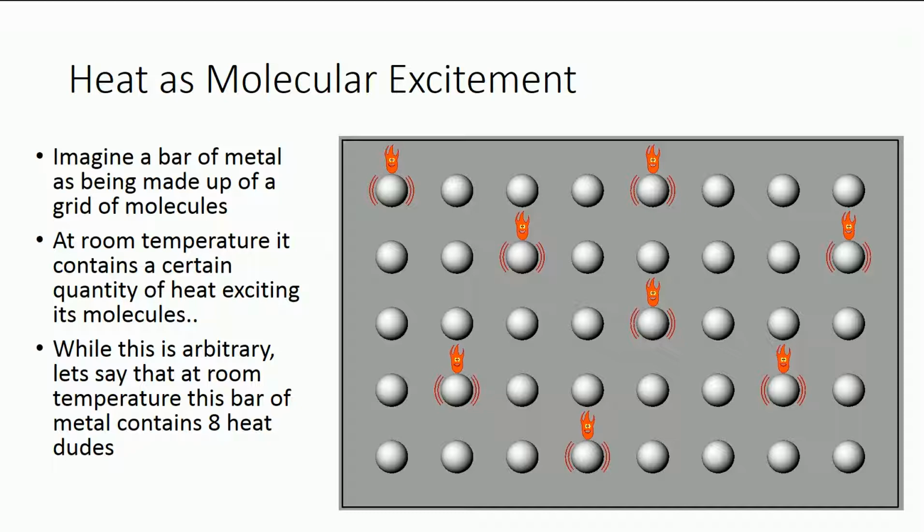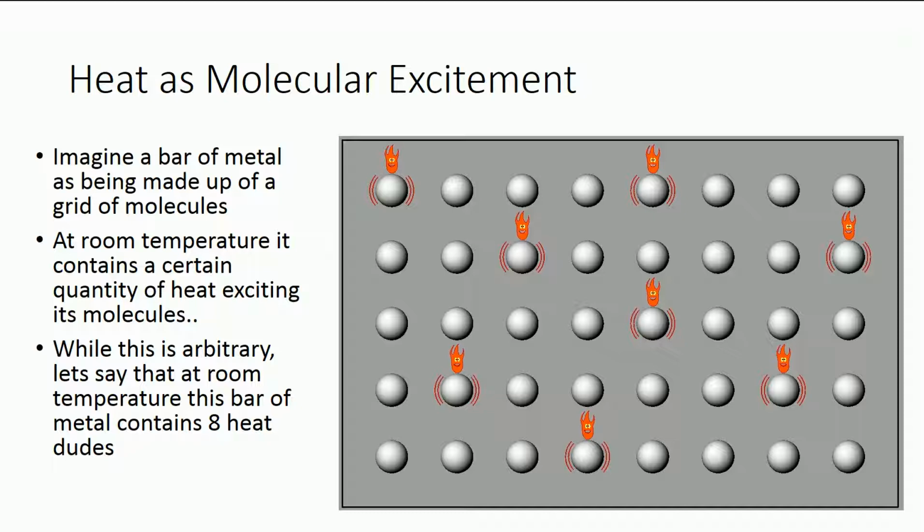Room temperature, I can touch it, and it contains a certain quantity of heat. Really, the quantity of heat would have been more in scaling these to a certain size and showing less vibration, but they all have it. Again, this is just an analogy to show you this notion of heat being contained in something.